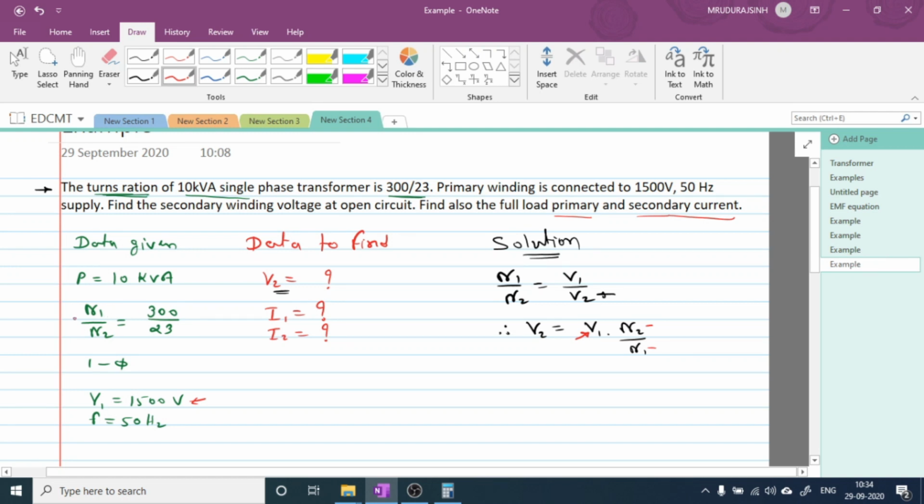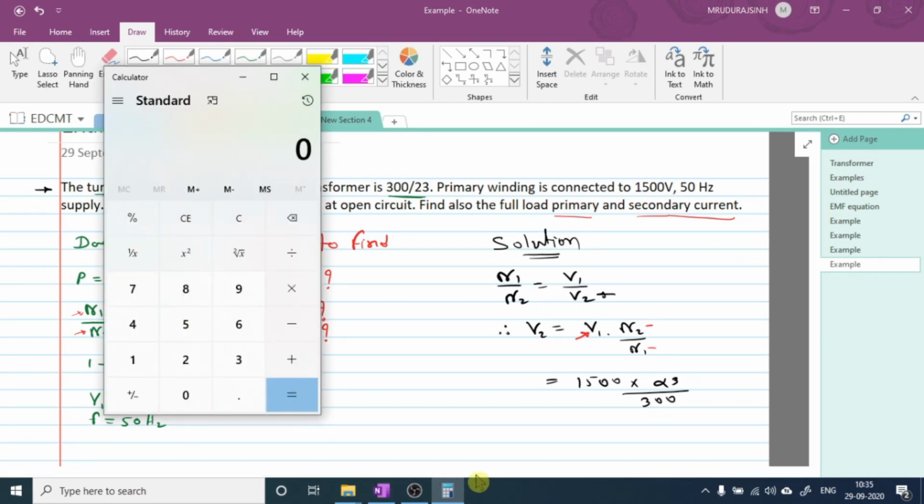Now see, we have the ratio N1 by N2. And now if we want to use N2 by N1, we just need to invert this thing. So whatever data we require, we have all the necessary data. So just place the values 1500 multiply by 23 and divide by 300.